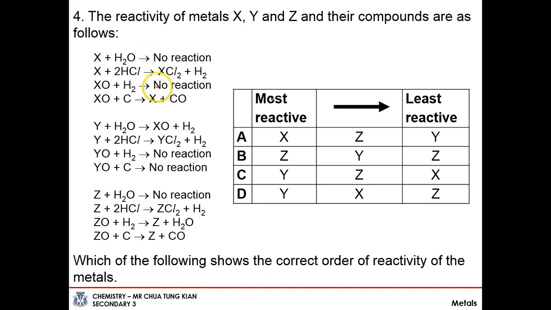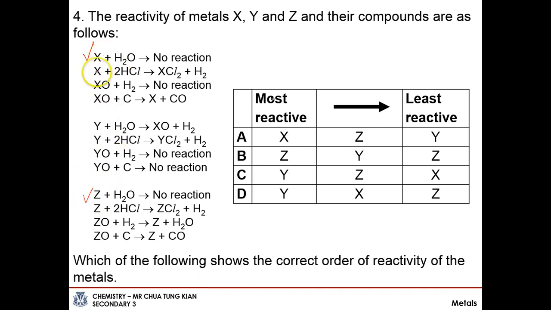So if something cannot react with water, it actually means that the substance is very, very unreactive. Because most of the metals, if you recall, can actually react with water. So only the metals that are lower in the series cannot react with water. So I can conclude that X and Z must be the two of the more unreactive metals.